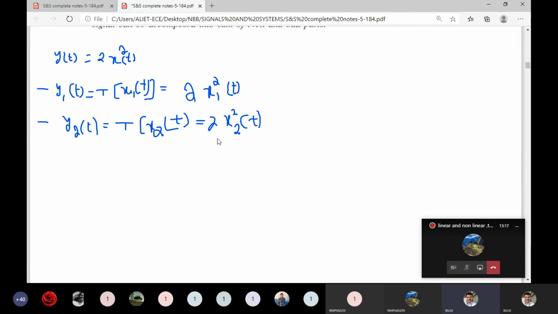Okay, first we will see the weighted sum of the outputs, y1 of t and y2 of t.